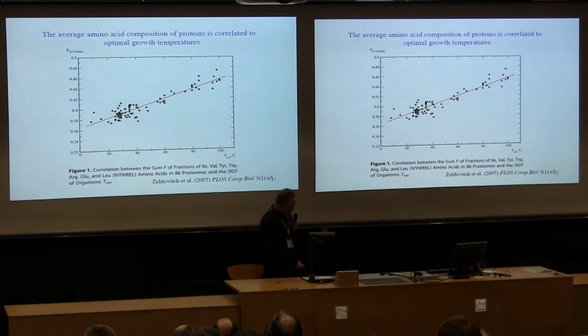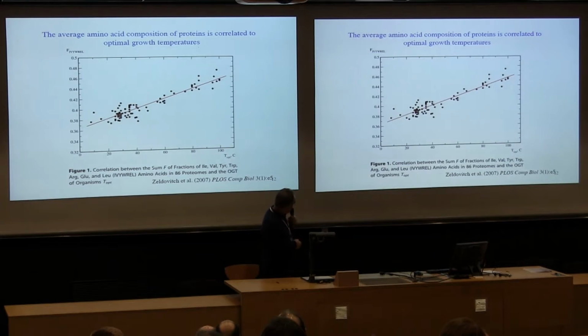Now, the other large category of large biomolecules is proteins, and it turns out that protein sequences in microbes are also influenced by temperature. So these are the protein content of organisms at large, that is the global proteome, the fraction of each amino acid observed in all proteins of an organism.